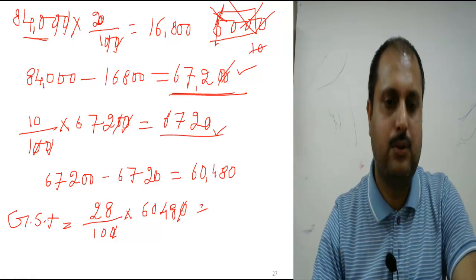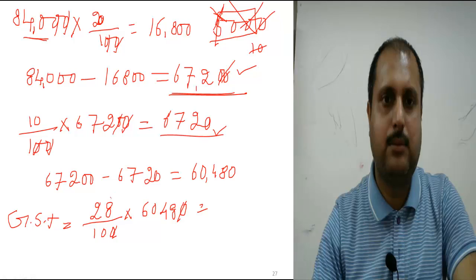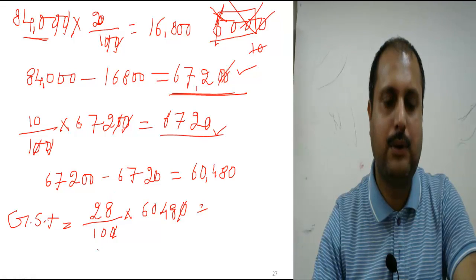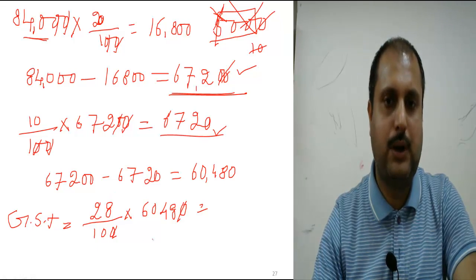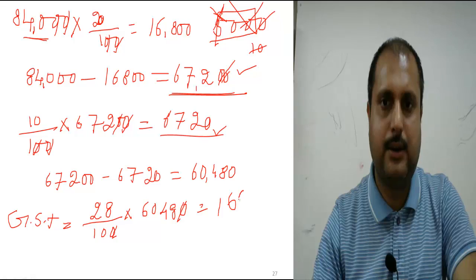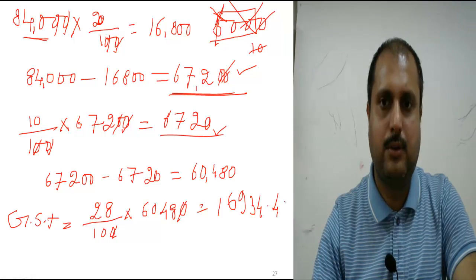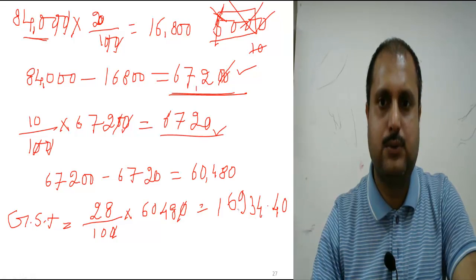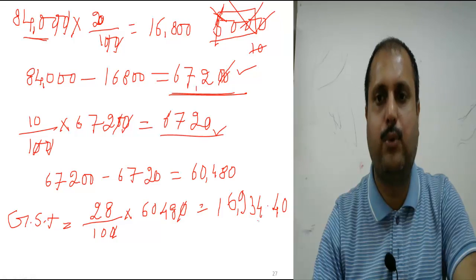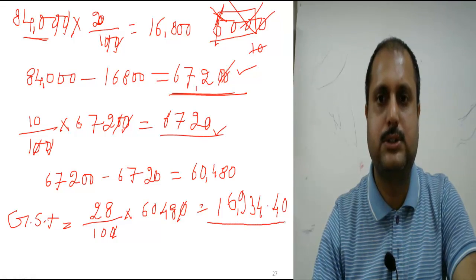Now you have to multiply 6048 by 28, and then divide it by 10. So what will be the total amount? The total amount would be 16,934.40. So 16,934.40 rupees would be the total GST amount.